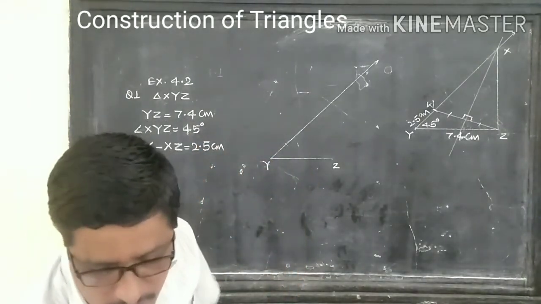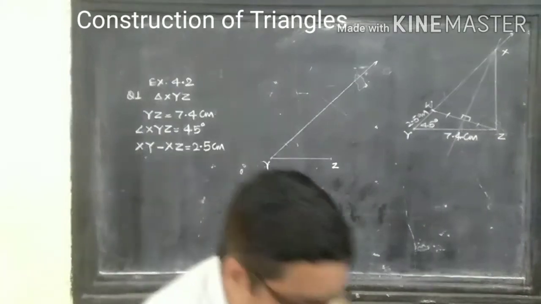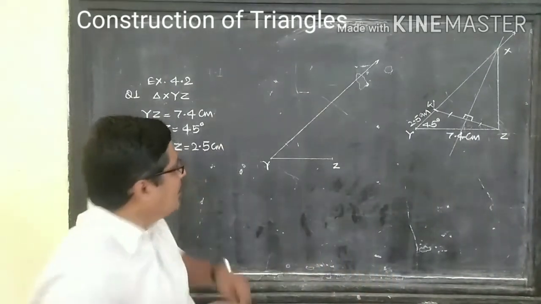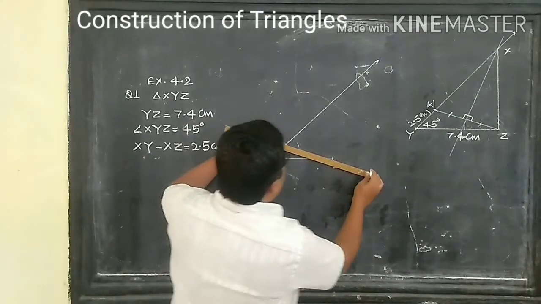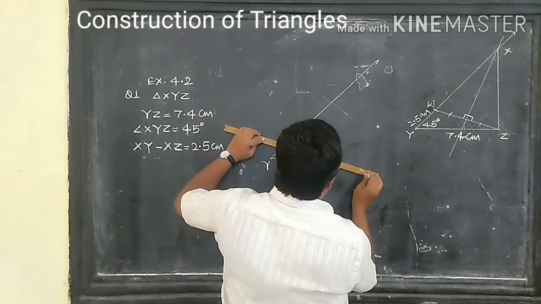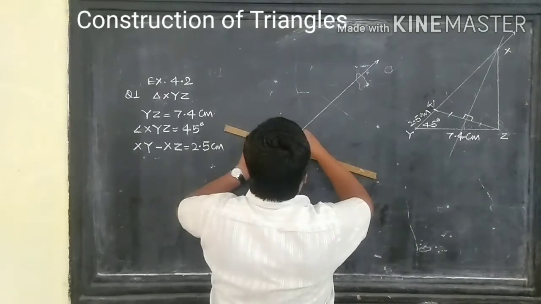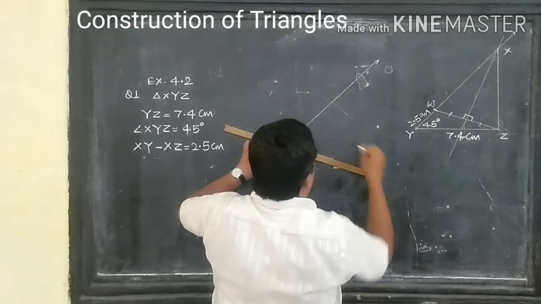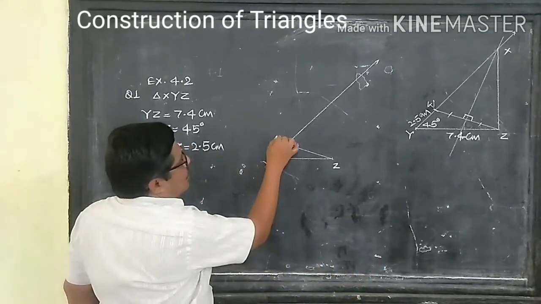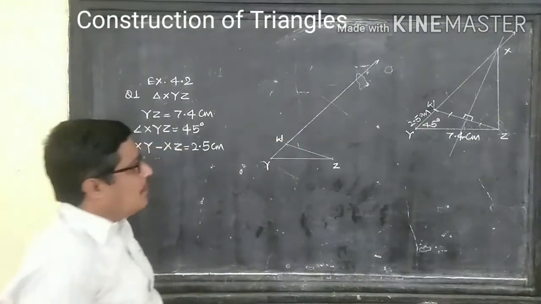So here we got the point W. After getting this point W, we have to join W with Z in this way. So this is vertex W.